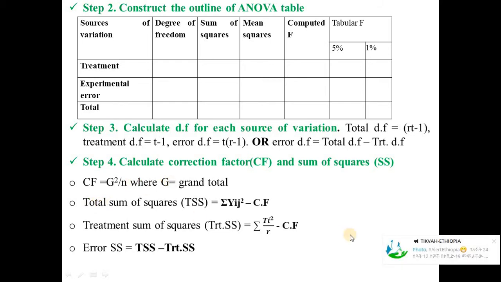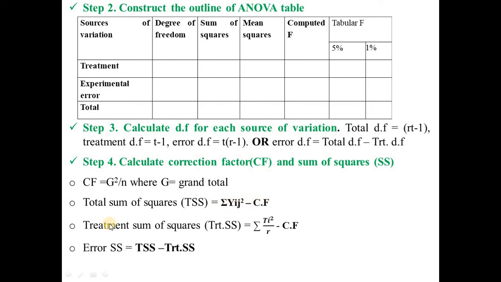Then we also have to calculate the total sum square values. First, you square all observations and sum them, and next subtract the correction factor from the summation of all squared values of total observations.